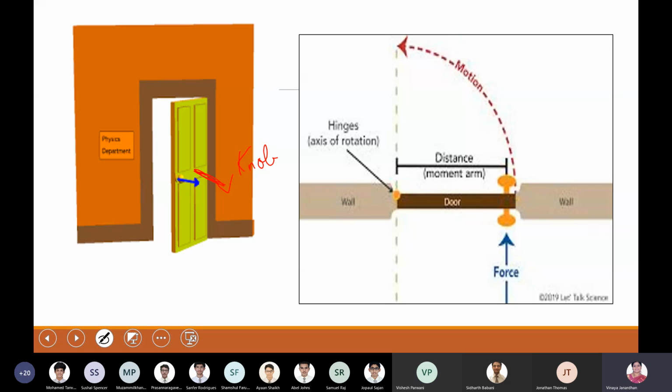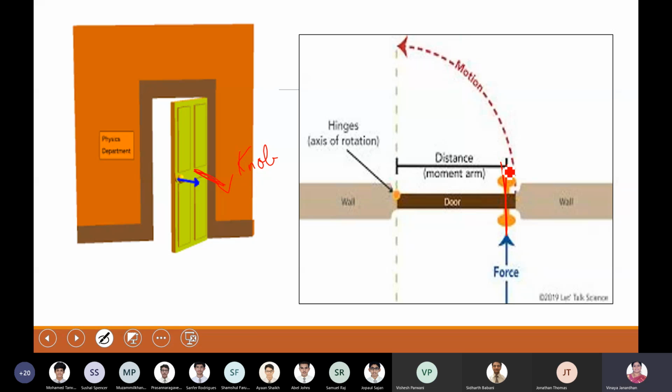So as your handle or the knob, the point of application of your force, goes very close to the hinges, then what happens? It's very difficult for you to rotate, very difficult to either open the door or close the door. Is that clear, boys?